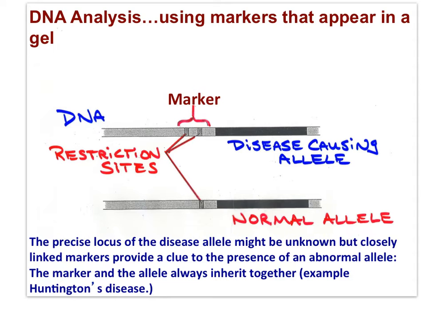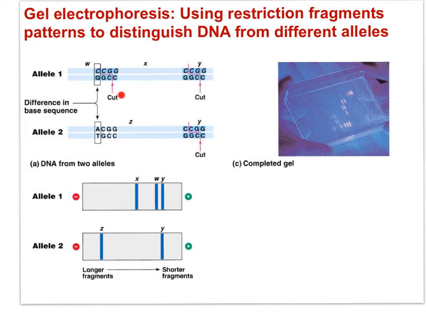Let me show you an example. Here is human DNA sample 1, allele 1, and here is DNA sample 2, allele 2. Let's say that allele 1 predisposes a person to cancer, while allele 2 does not.